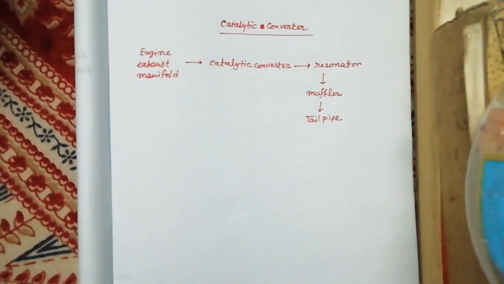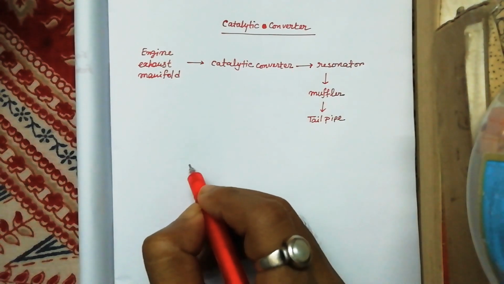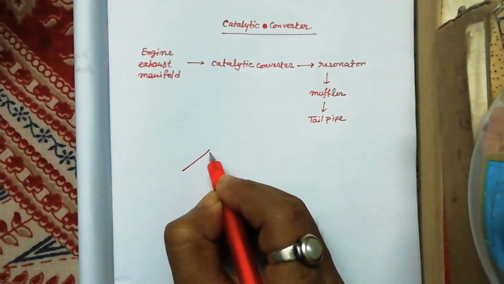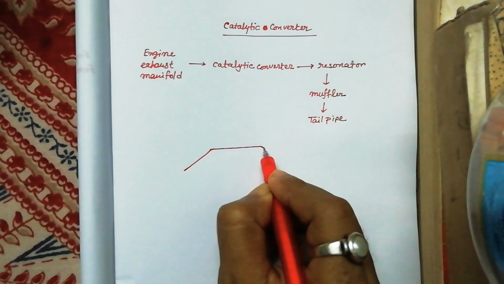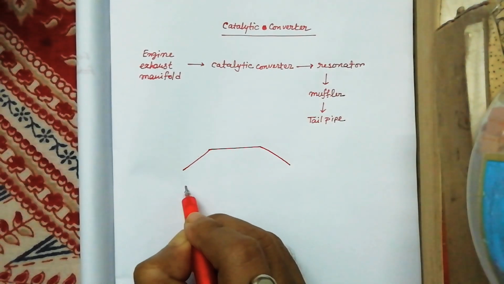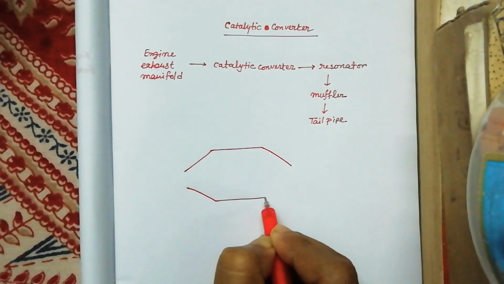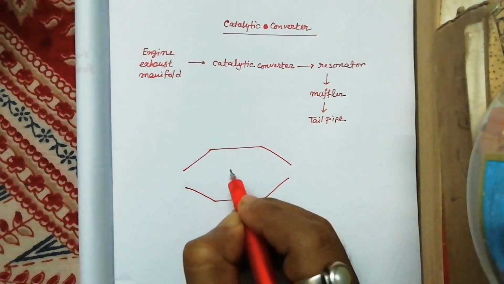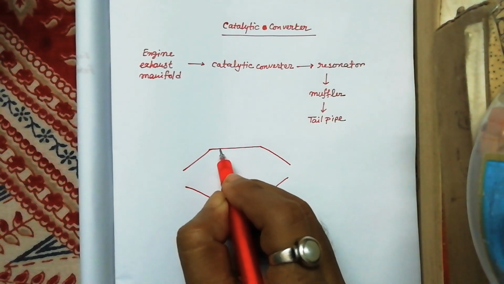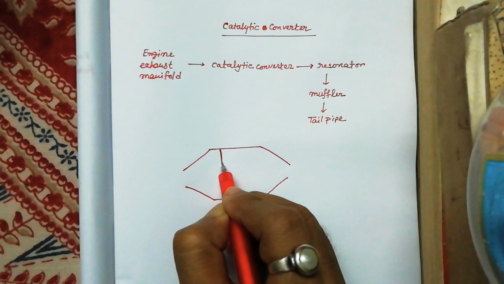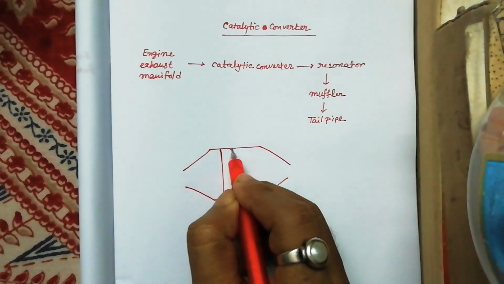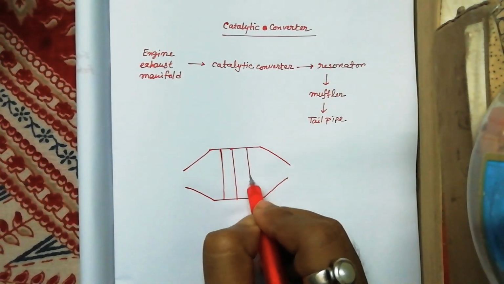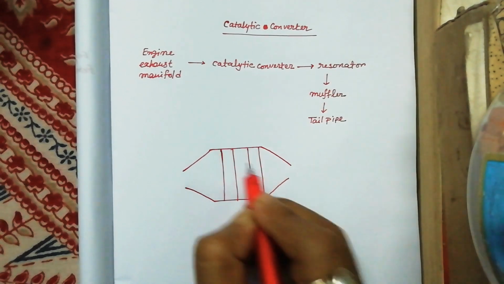So how does it look? It looks like a cylindrical shape like this. There are many small tubes. I just draw two sections. Many small tubes are there.